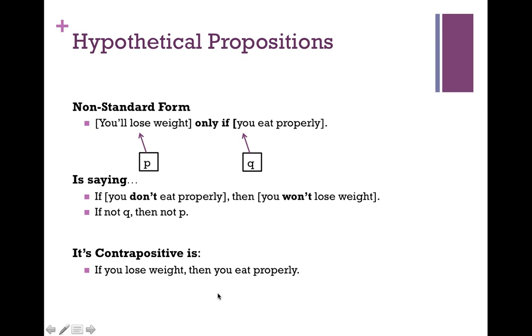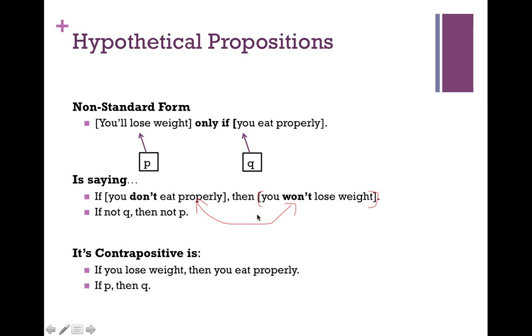Because notice here, what have we done? We've taken this proposition, we've swapped it with this one, and then I've negated what's in brackets here, which is you won't lose weight. Well, that would be you lose weight. And right here, the opposite of you don't eat properly is you eat properly. So I found the contrapositive of that.